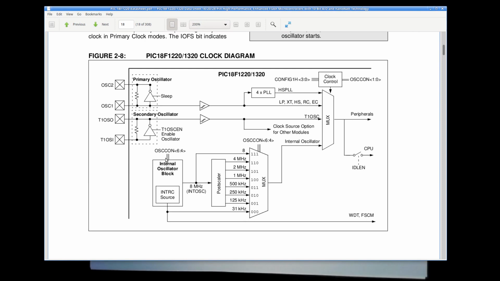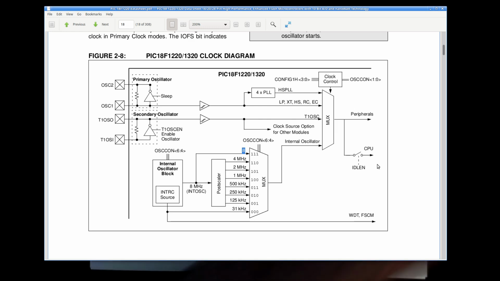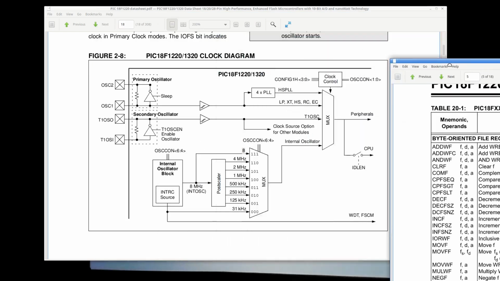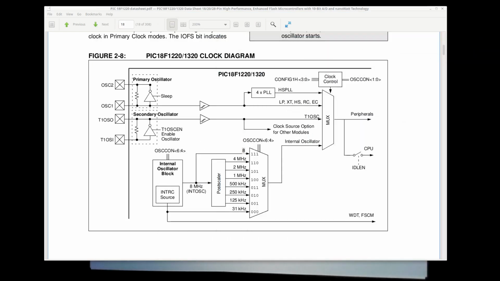So the fastest we can run with this built-in oscillator, 2 megahertz. 2 million instruction cycles per second, which means we could do 2 million increment instructions every second, which is pretty fast for a little single chip processor that costs a few bucks, right? Now it's not in the gigahertz range. That's something like an Intel processor would run at, but 2 million operations a second, that's pretty sweet.